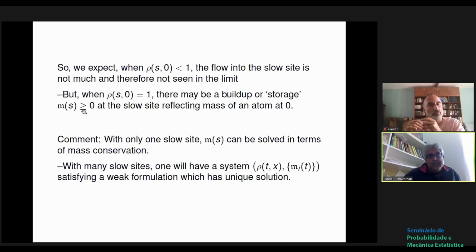That atom is non-negative in that case, and the atom is strictly equal to 0 in this case. And if you have only one slow site, then you can also solve for M of S in terms of mass conservation, and so one can write down a system for the joint evolution here. This last part we haven't written down, but this is what we expect.